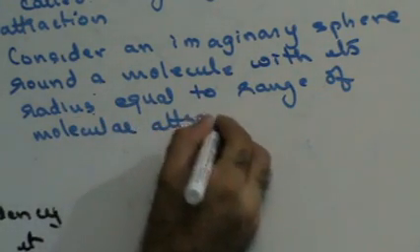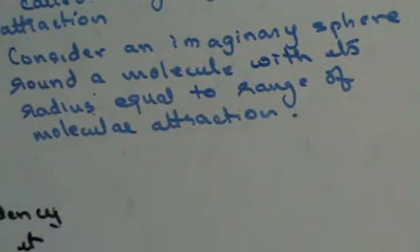That means this will be the distance within which the cohesive and adhesive forces will act. Such a sphere around the molecule, which has a radius equal to the range of molecular attraction, is called the sphere of influence.